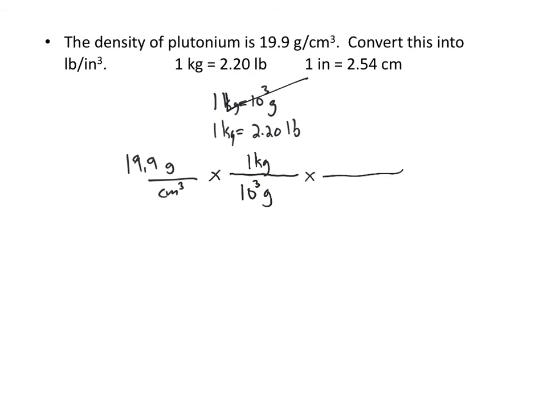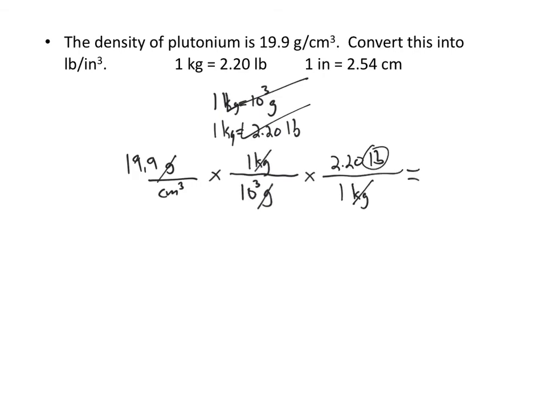And then 1 kilogram on the bottom, 2.20 pounds on top, so I've used that one. The grams cancel, the kilograms cancel. I haven't touched the centimeters cubed, so they're still going to be there. And then my mass units are going to be pounds. So after this, I'll have pounds per cubic centimeter.